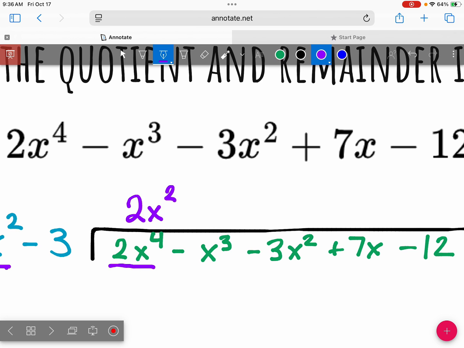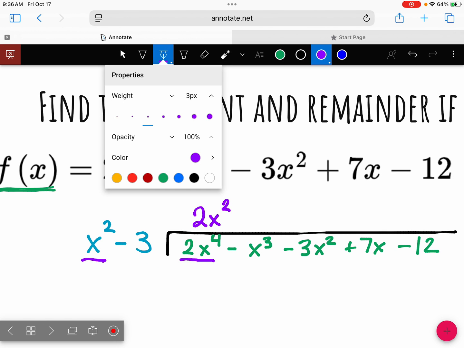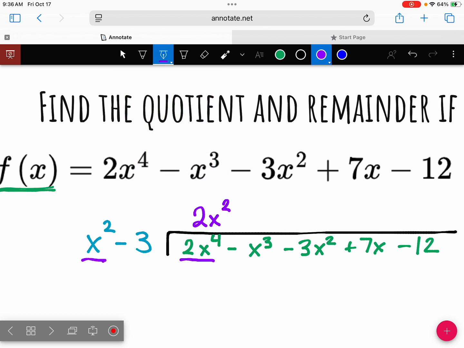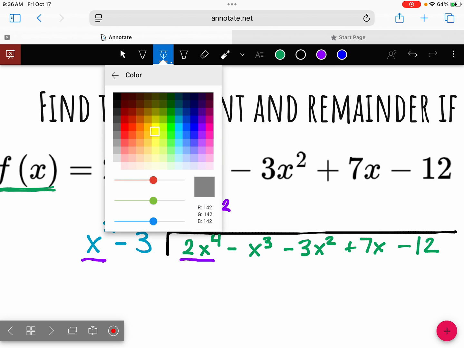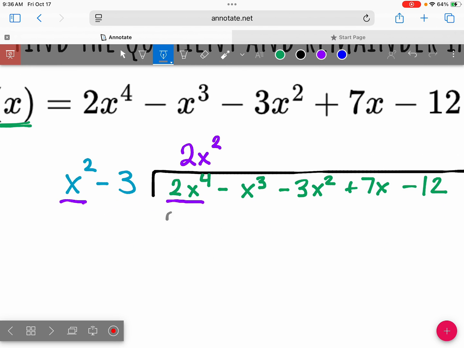Now I'm going to take this times this whole thing and put it under. So my 2x squared times x squared is going to give us a 2x to the fourth.